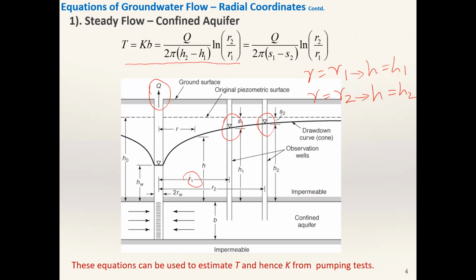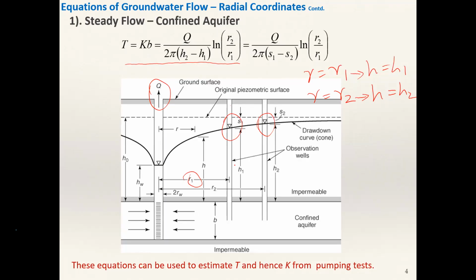Right? Now, we try to simplify this again further. You see, if you want to measure this head, measuring the H1 is difficult because the H1 is the depth from the impermeable layer to the water level in this well. That is difficult to measure.